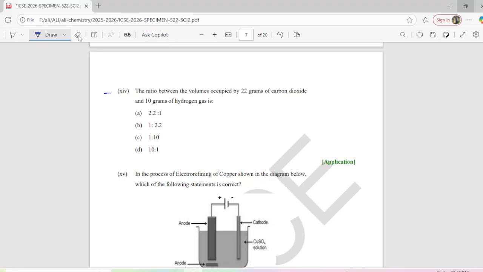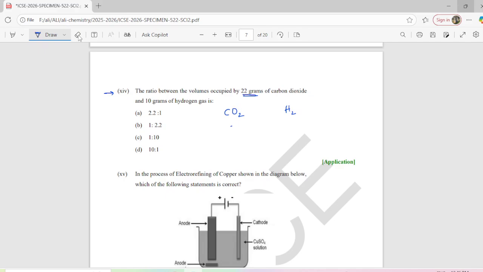MCQ 14. The ratio between the volumes occupied by 22 grams of carbon dioxide and 10 grams of hydrogen gas. This is what we are going to find. For this we need to find the number of moles. Let us say here I am taking carbon dioxide and here I am taking hydrogen gas.